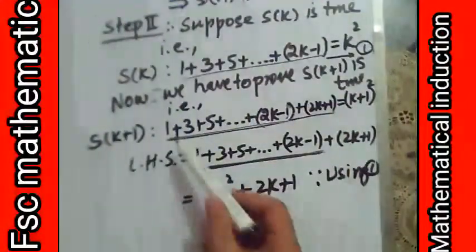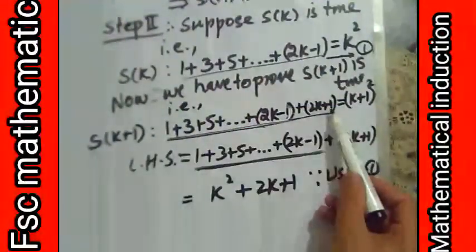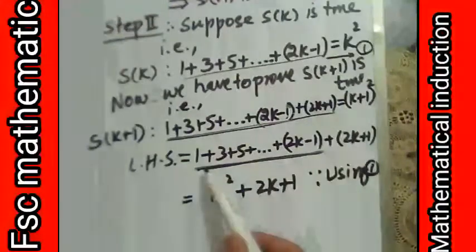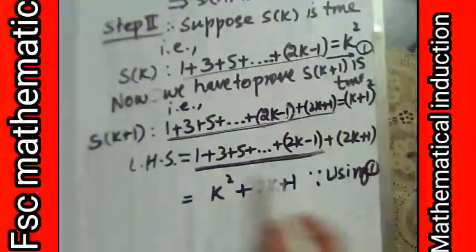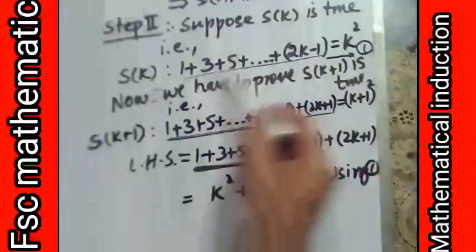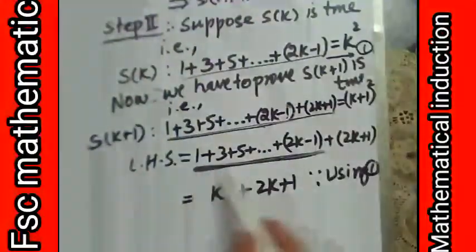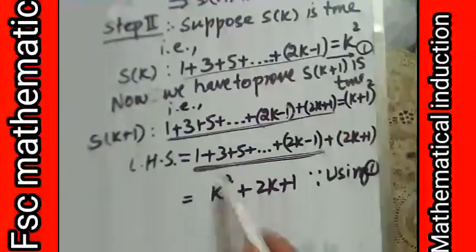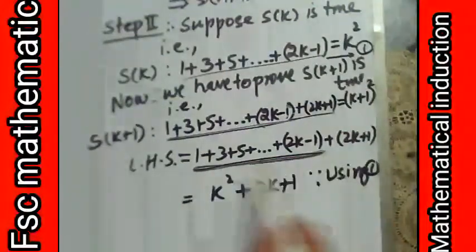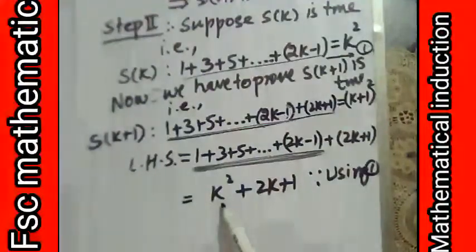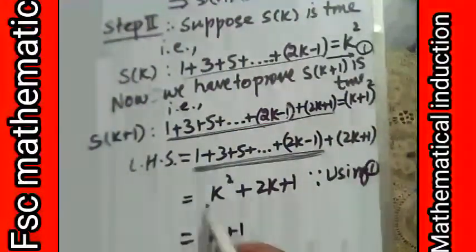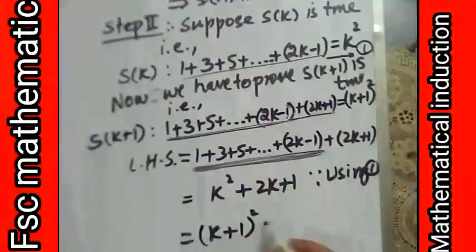Now this part, which we supposed equal to k square, is written here. These all values are replaced by their sum, k square, and this is k. Now what we find from here is k plus 1 whole square. This is right hand side.